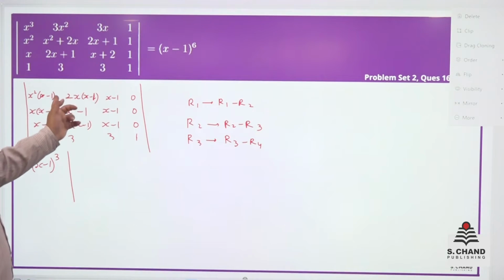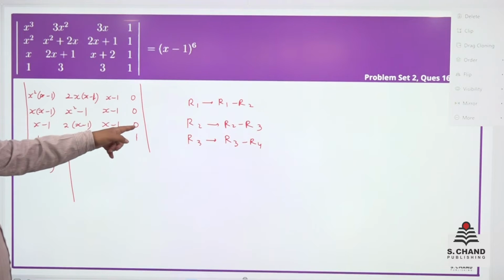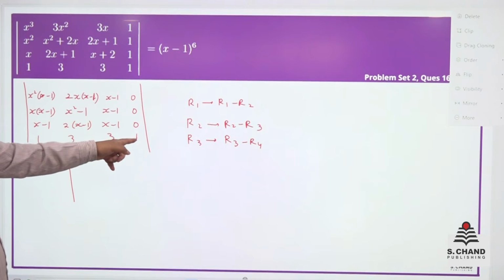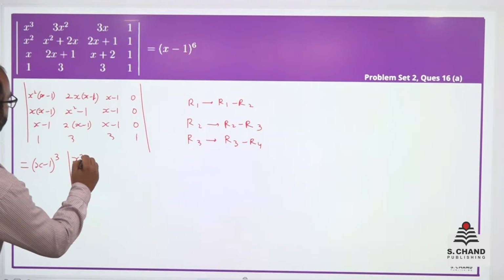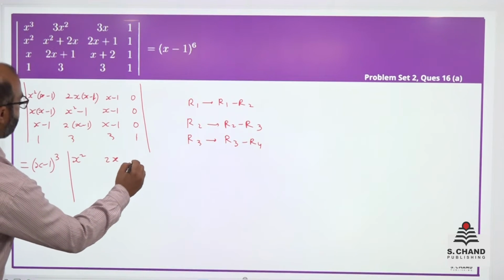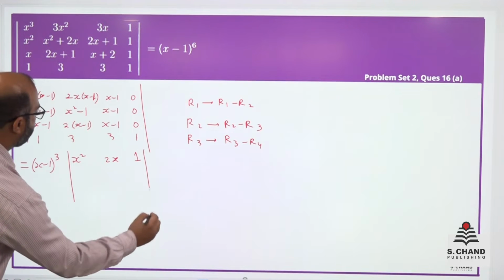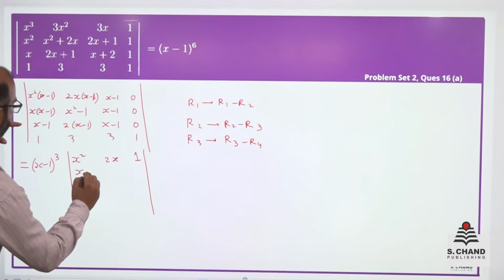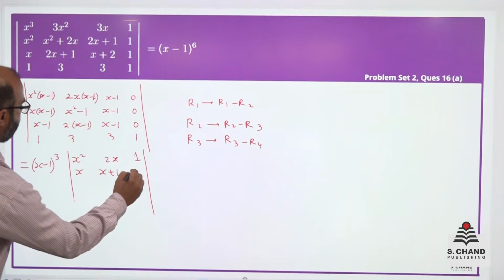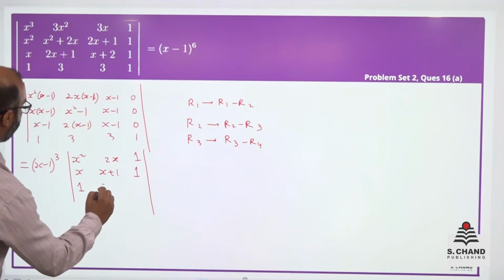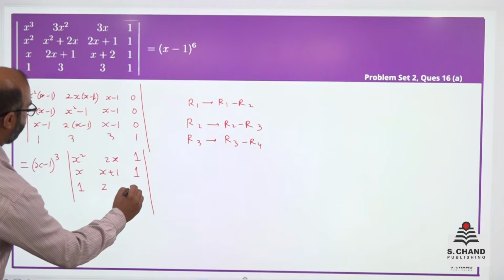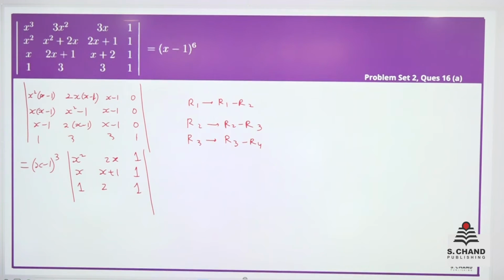So 0 with cofactor, 0 with cofactor, 0 with cofactor, 1 with this. So you'll get a determinant which is x square, 2x, 1, and here x plus 1, 1, here 1, 2, 1, like this.